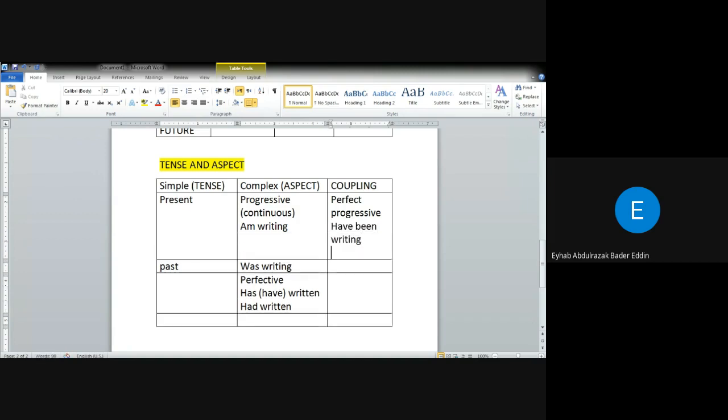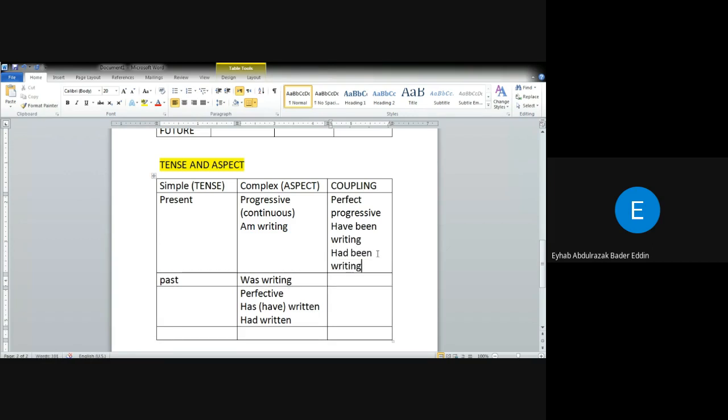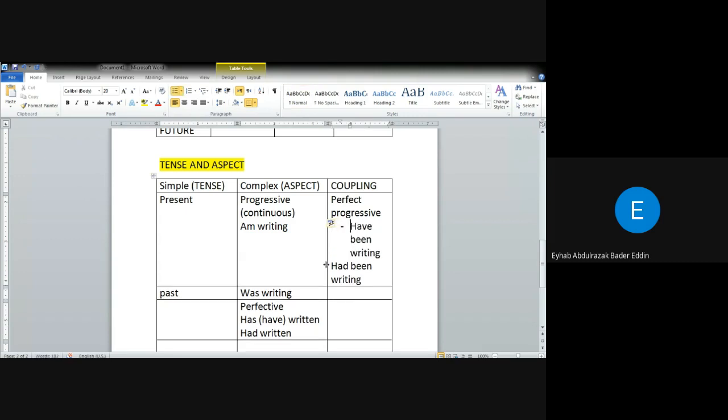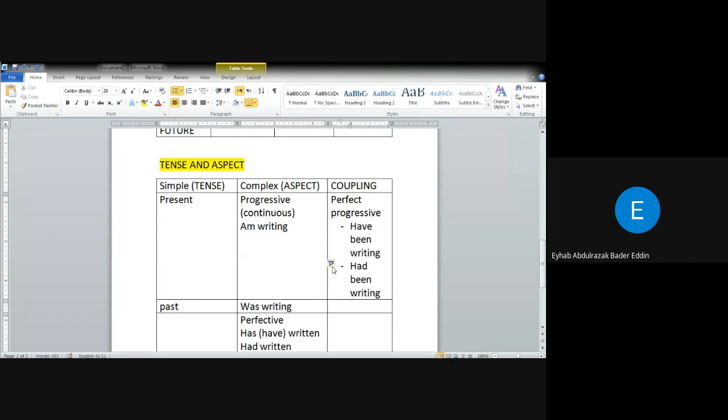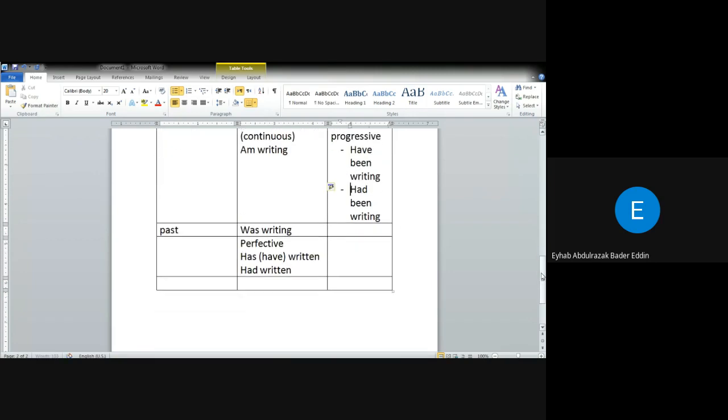And if we want to talk about past perfect progressive, then we say had been writing. So at least now I want you to get accustomed to the form of these verbal groups. Okay? Clear? Okay. Sure?